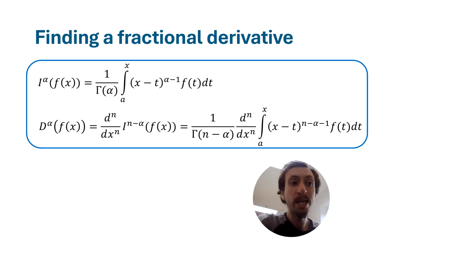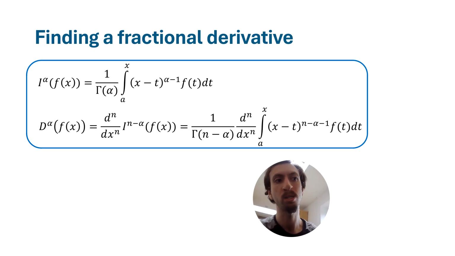Now we can pick n to be whatever we want. It doesn't affect alpha. Alpha and n are independent. We're using n because we're differentiating n times to undo integration n times. But we can pick n to be whatever we want.